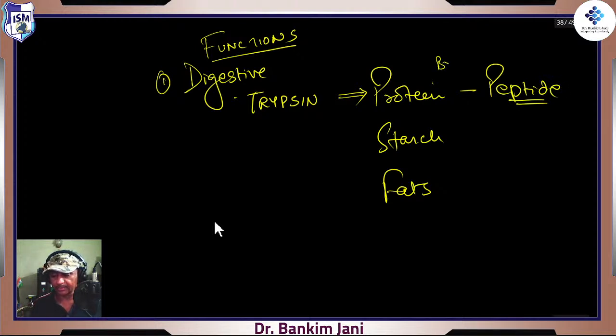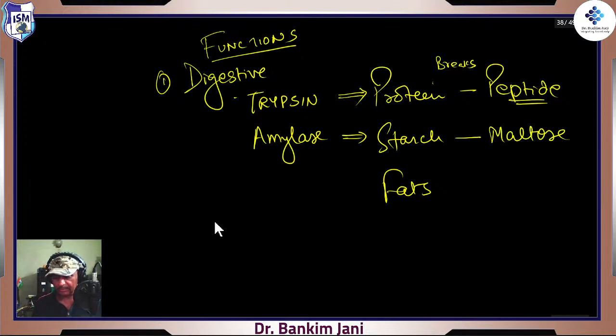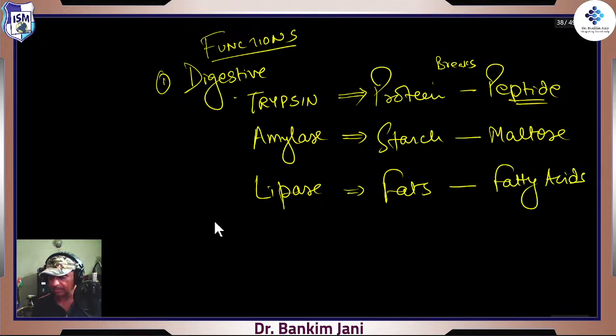Then we have amylase, which will convert starch into maltose. Then for the fat, we have lipase, and lipids will be broken into fatty acids, thanks to our pancreas. So this is one function.